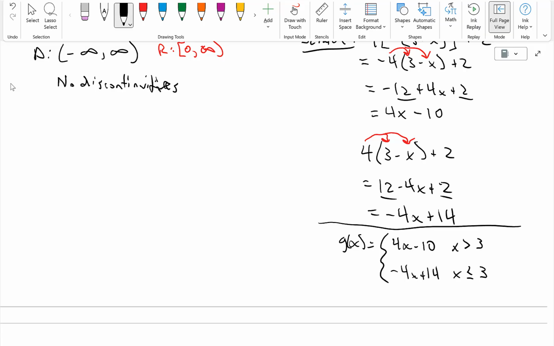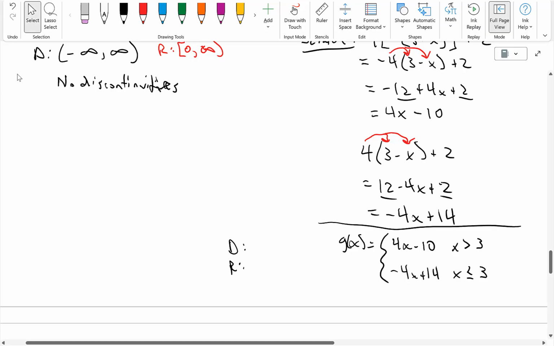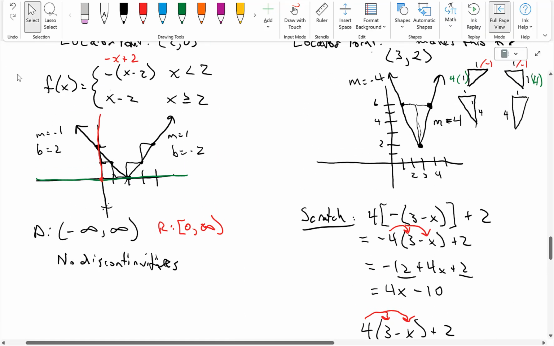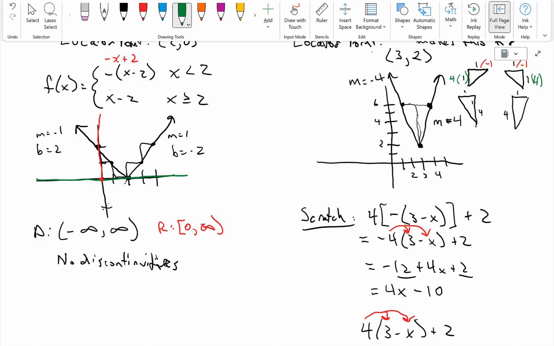Our domain, if we look up there quick, and our range. Our domain we can see covers the entire x-axis. We go forever left and forever right from that locator point. So any x we sub in is going to map up to a point on our function, some y value. And while we're up here, we can talk about the range. You can see with that shift up, we're starting at 2, and then it opens up forever.